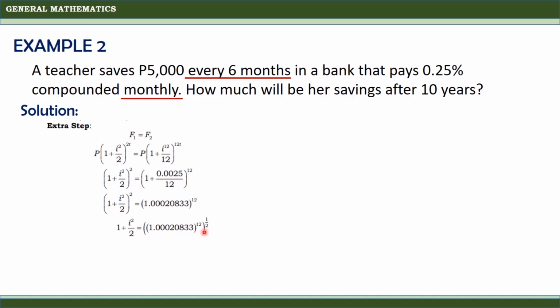Multiplying the two exponents, 12 times 1/2, it will give us raised to 6. Moreover, subtract 1 on both sides of the equation. Simplify next the right side of this equation. 1.00020833 raised to 6 minus 1 will give us the value 0.00125063. This will be the value of j that we will be using on our formula.